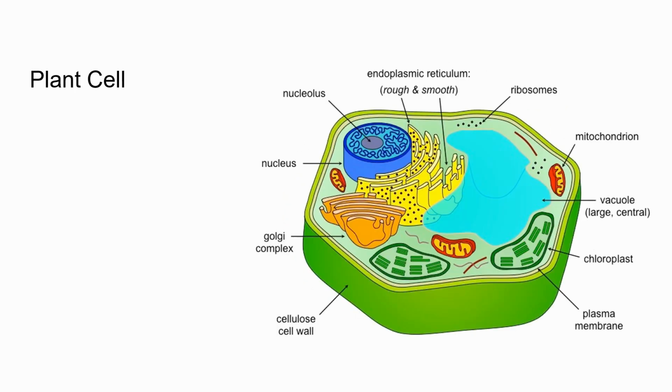And now we have the plant cell, which, like last time, contains the chloroplast, the plasma membrane, which is the cell membrane, the cell wall, and the nucleus. As you can see, there are also the endoplasmic reticulum and Golgi complex or apparatus, which are present in both plant and animal cells.